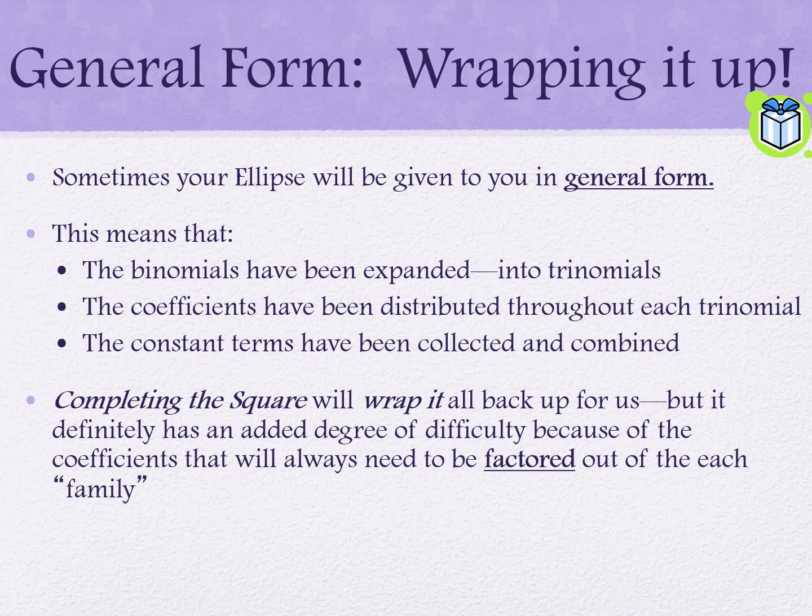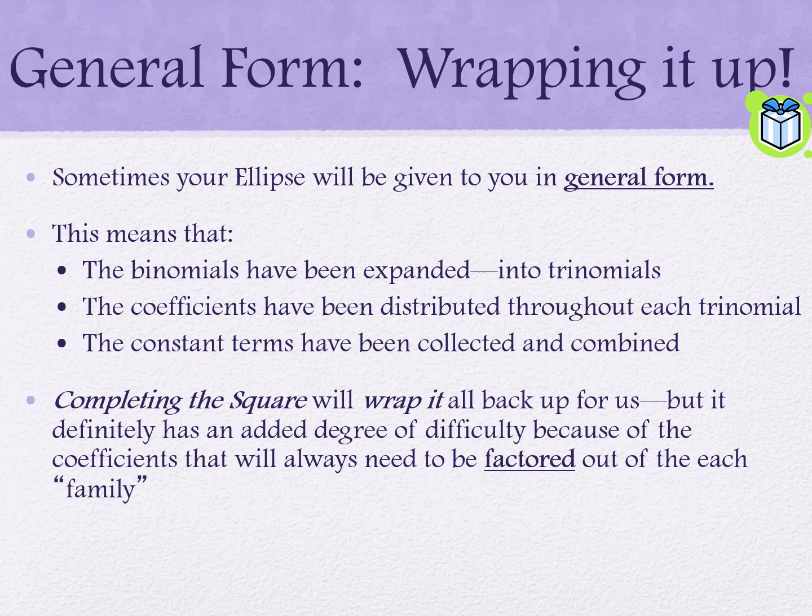Now, this type of completing the square has a bit of added degree of difficulty because those lead coefficients will always need to be factored out of each individual family as they occur.